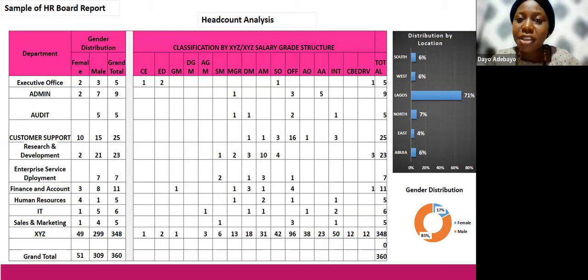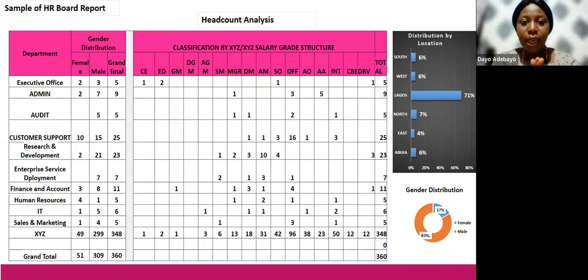So you are giving them the classification in terms of salary structure. If they have not been fully listening, they are likely to turn around and look at your screen very well because they want to see the distribution of staff in terms of their salary.